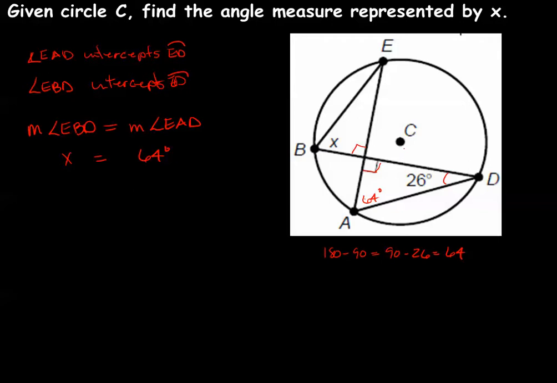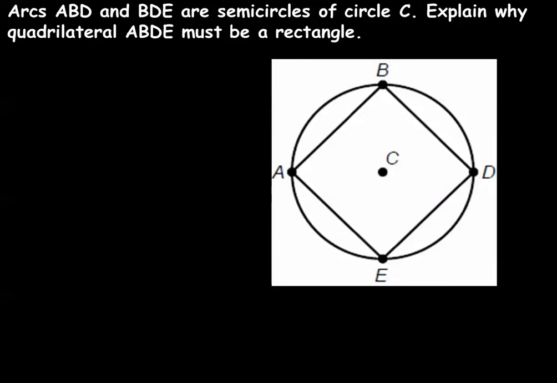Okay, let's look at this one about quadrilaterals. It says arcs ABD and BDE are semicircles of circle C. Explain why quadrilateral ABDE must be a rectangle. Okay, so let's look at what they told us. They said arcs ABD and BDE are semicircles.